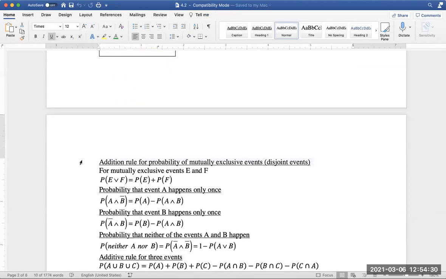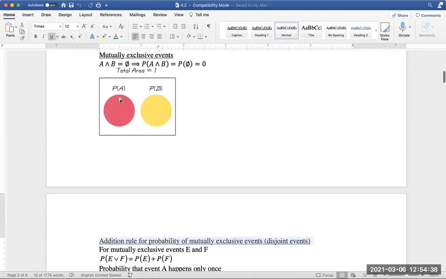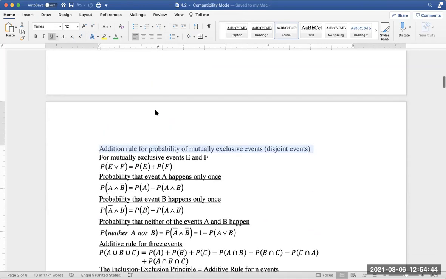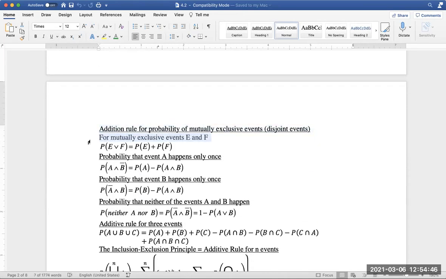The addition rule for mutually exclusive events is that the probability of A or B is the probability of A plus the probability of B. So for mutually exclusive events E and F, the probability of E or F is the probability of E plus the probability of F.